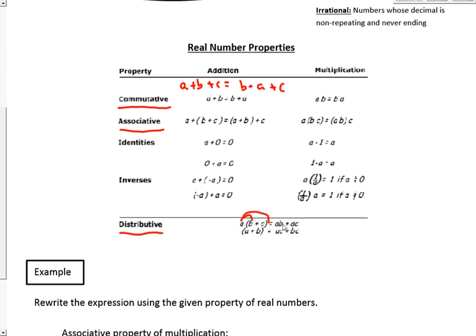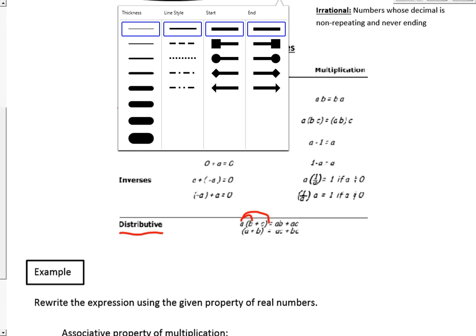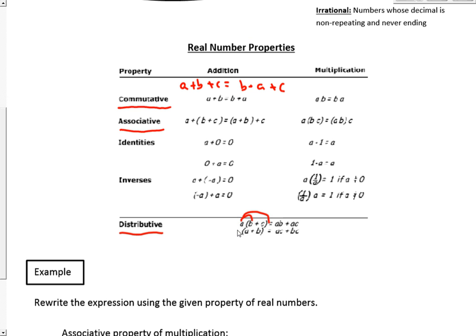So A times B plus A times C. It doesn't show up very well on here, but let me grab a pen in black. If I have a C out in front with this second example, I have C times the quantity of A plus B. So that C is going to get distributed and give you A times C plus C times B, so B times C for the second one.